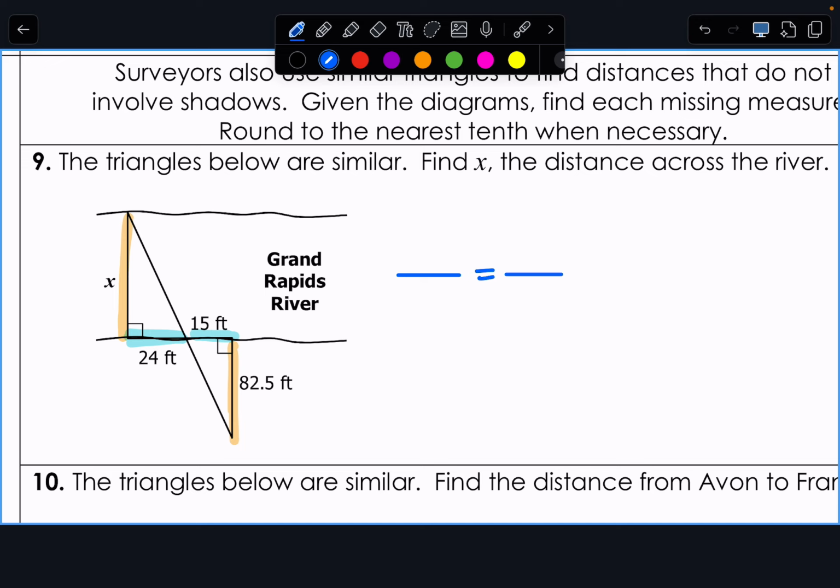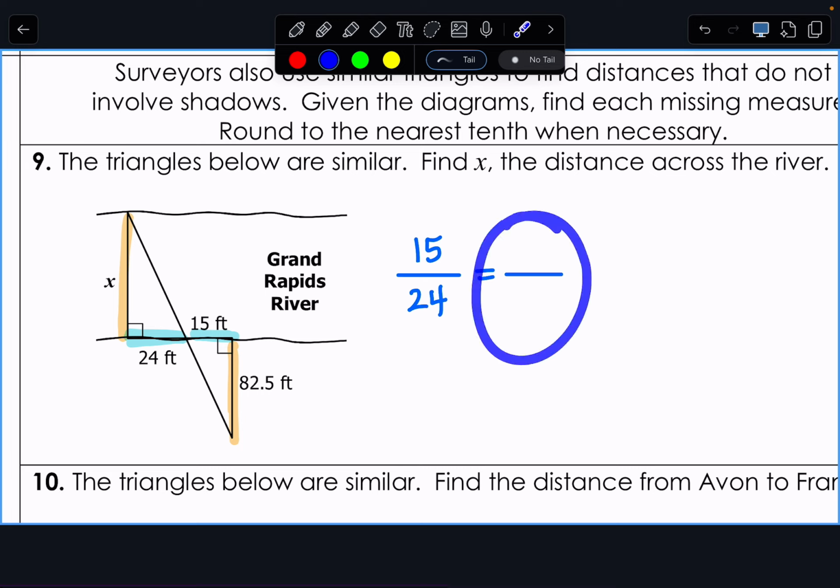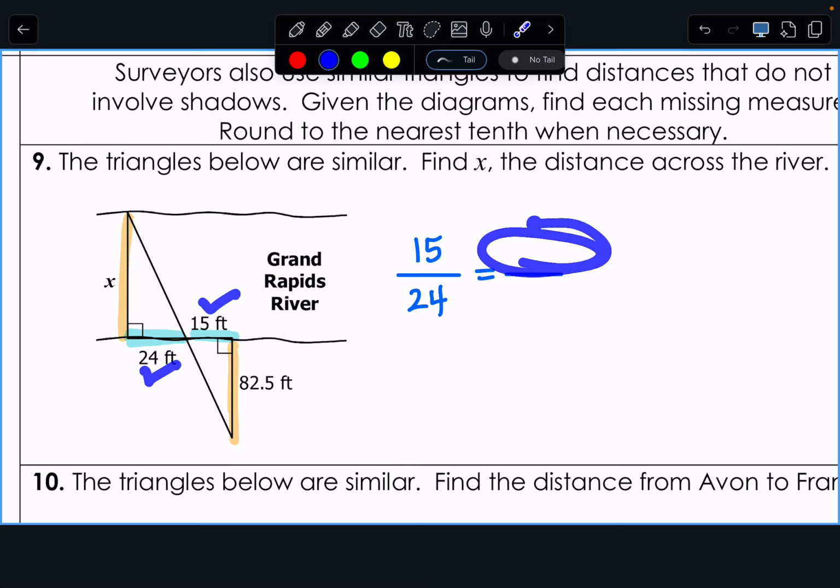Matthew, I want you to give me one ratio to put right here. 15 over 24. So if Matthew chooses 15 over 24, then I want you to think about what we need to put right here. We know the two things that need to go here. We need to figure out the order. So Landon B, if we do 15 over 24, what needs to go right here?